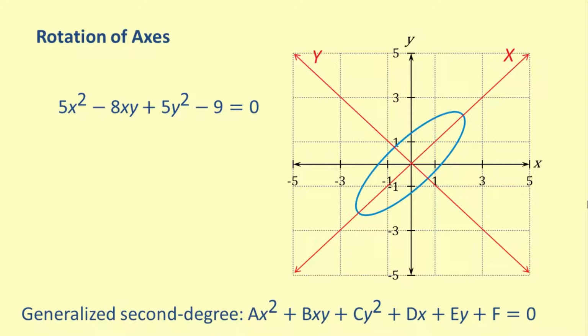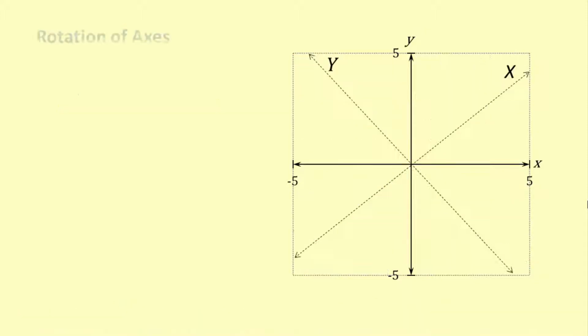We will use the generalized equation ax squared plus bxy plus cy squared plus dx plus ey plus f equals 0. Let the new XY coordinate system be a rotation of the xy coordinate system about the origin by angle theta.